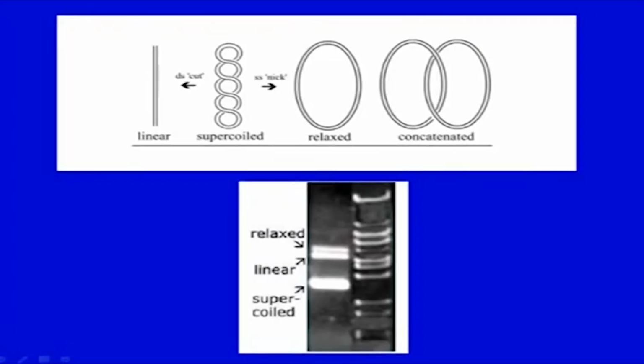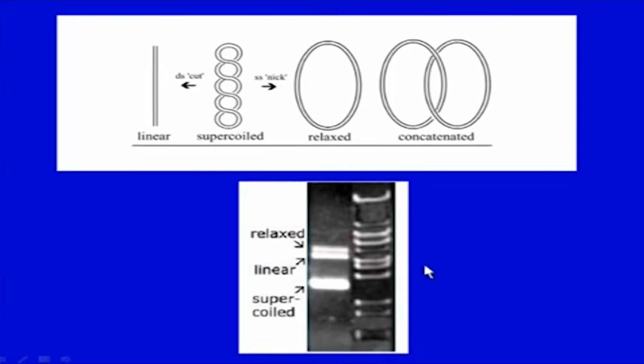Now, complete digestion with a restriction endonuclease which cuts only once within the plasmid will result in the formation of a single band corresponding to the linear DNA molecule. If you see in this figure, this is linear DNA, this is an example of supercoiled DNA, this is an example of circular relaxed DNA, and these are the concatenated forms or dimers.